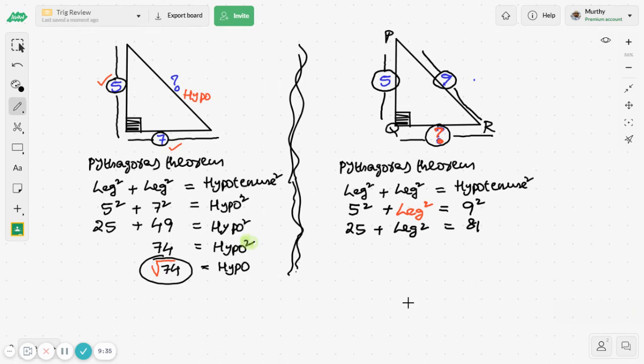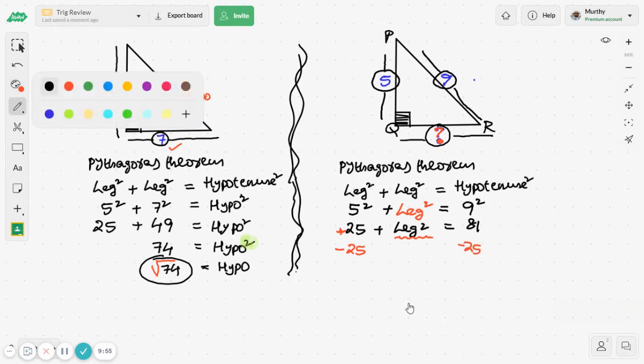Now you know how to isolate this leg square. We have to detach the values which are associated with that. So no sign, you can assume that it is positive. Go for the inverse operation, which is subtraction of 25.